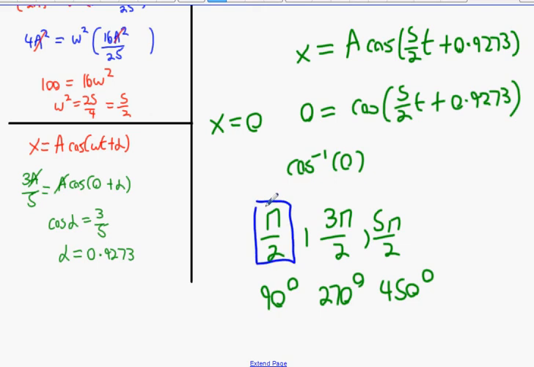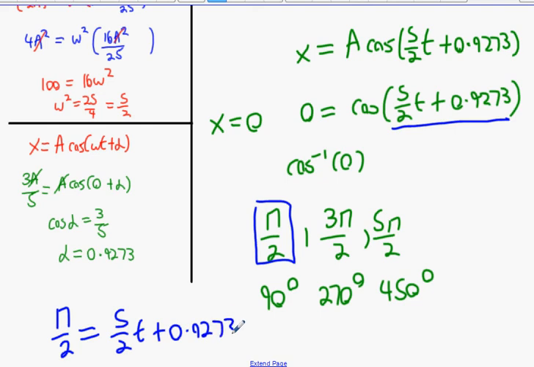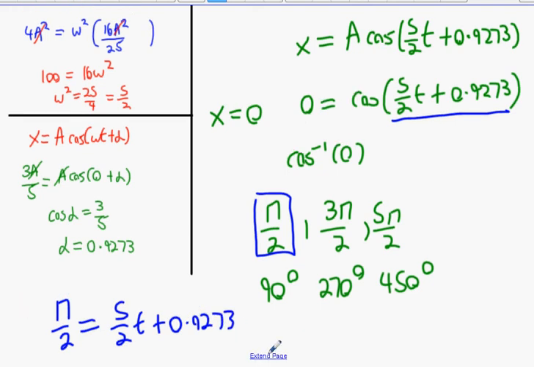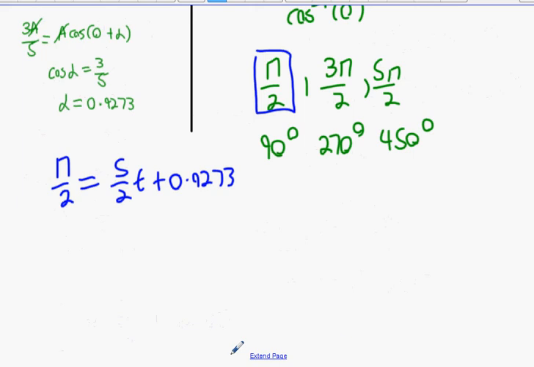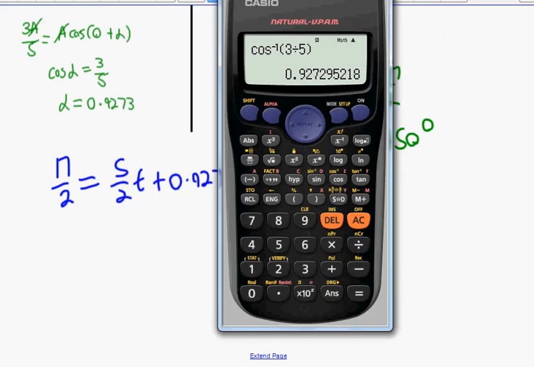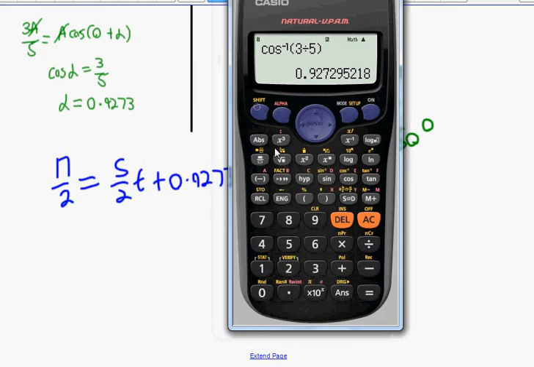So this pi over 2 here must be equal to the angle 5 over 2t plus 0.9273. Bring over your 0.9273 and take it away from pi over 2. So you're going to have pi over 2 take away your 0.9273.